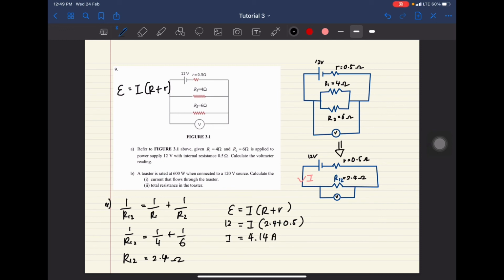Once I got that number, I can plug it back into Ohm's law, V equals to IR, because basically I want to find the voltmeter reading here, across that particular resistor 1, 2. So just write it here, V12. This one is actually V terminal as well.